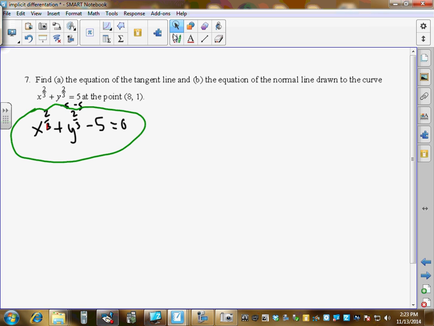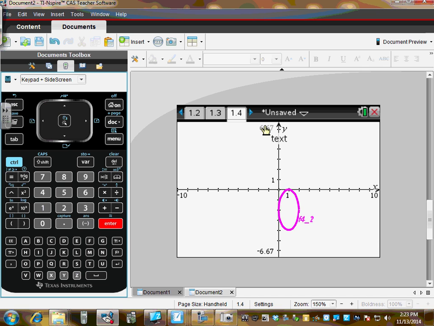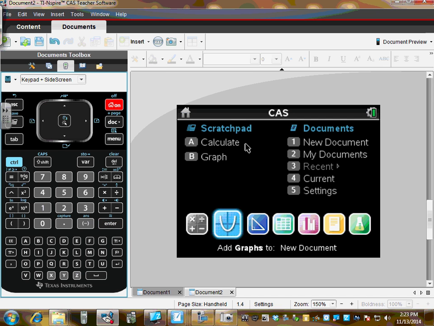So on our calculator, let's have it do a new graph.